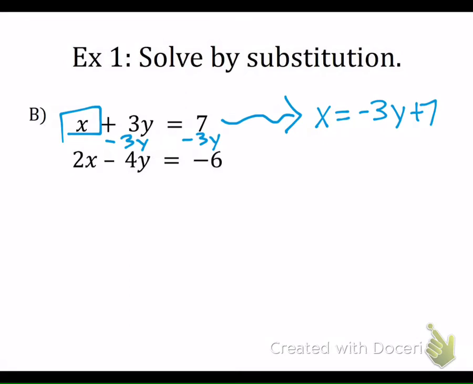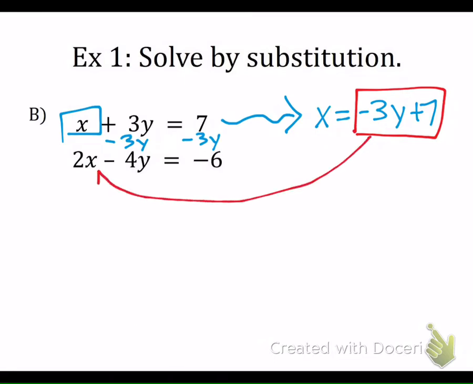Now, I am going to take this bad boy, and where am I going to put it? Where x is in the other equation. So now I have 2 times negative 3y plus 7. And then just continue on with that second equation.